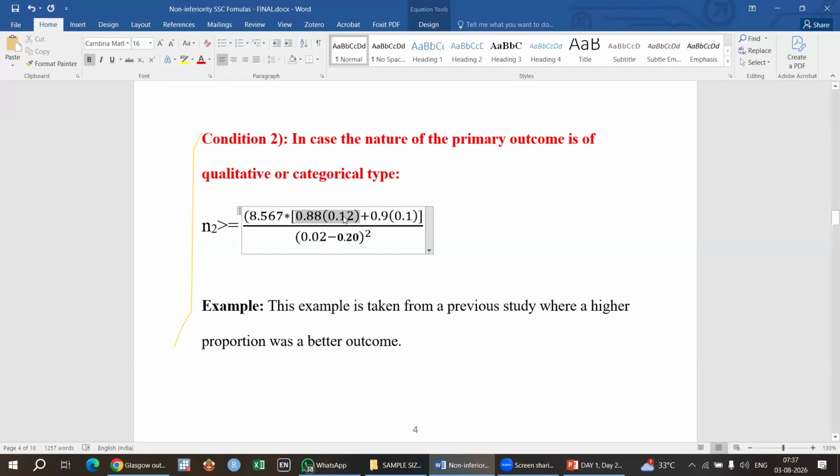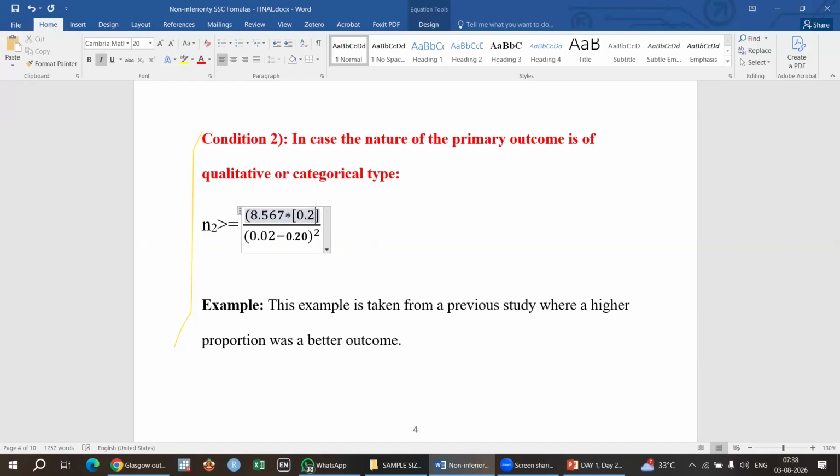Then please solve this. Multiply 0.88 by 0.12. It is coming 0.11. Then 0.9 times 0.1, it is coming 0.09. Yes, very good. Then add 0.11 and 0.09.